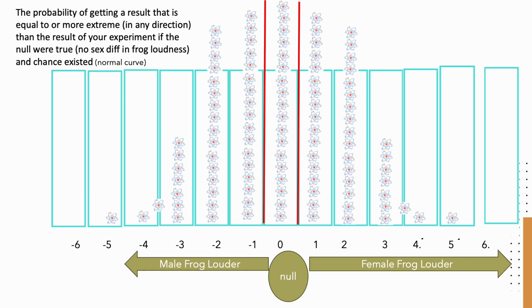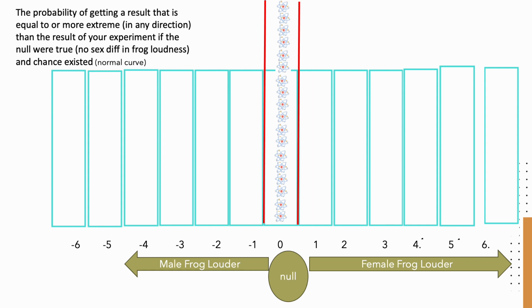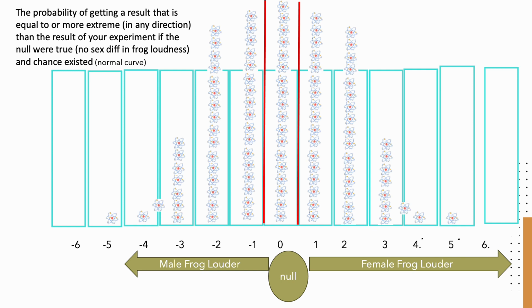Stronger results include mean differences of 2, 3, 4, 5, and 6, but also -1, -2, -3, -4, -5, -6, right? So essentially you have to use a two-tailed p-value. So that's just truth. So your p-value would be the sum of all of these results divided by 100. It's just a simple fractions problem.